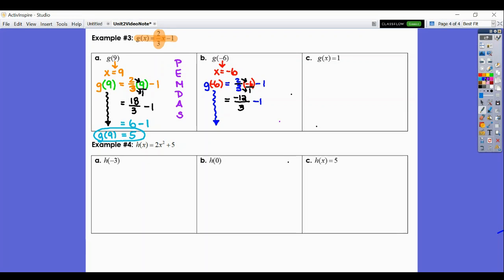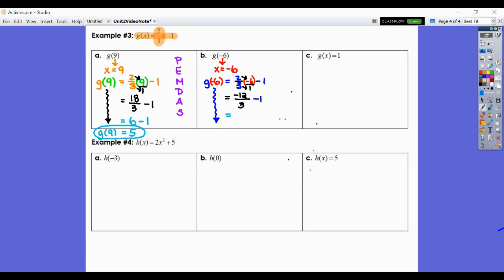So we get negative 12 divided by 3, being negative 4. That then will be subtracted by 1. Negative 4 minus 1 is negative 5, and that is equal to the g of negative 6 the problem was asking for. I just bring down the left side for notation purposes in the end. It's not the part I'm solving.